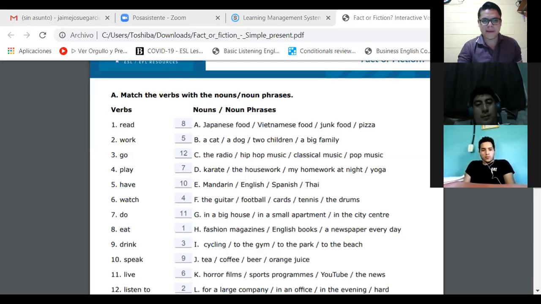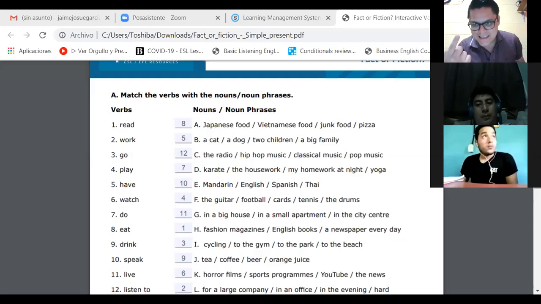I'm going to give you my example. I'm going to give you my 3 sentences. Remember, 2 sentences are true and 1 is false. So you need to guess which one is false.